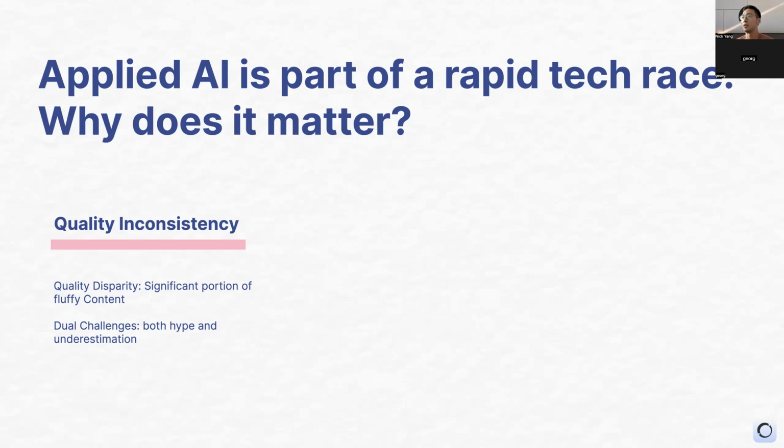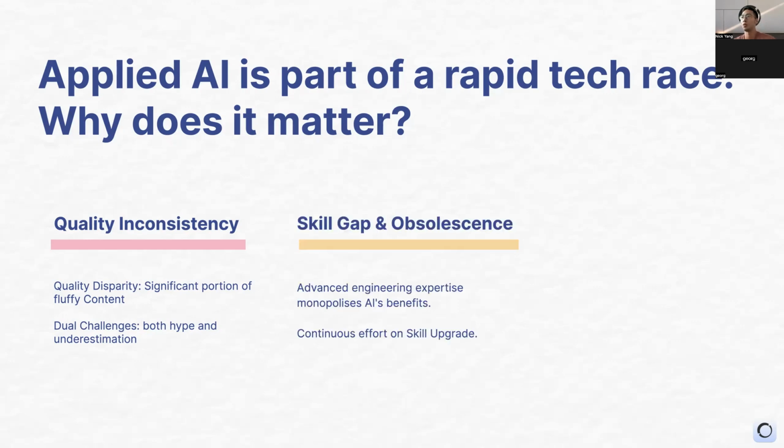The second one is skill gap or obsolescence. Still now, only people with an engineering background can really understand and use AI. That leaves most people out and slows down new ideas. And it keeps changing. Even us, we look into this every day, we're still learning. We still have to run to keep on top of that. So it's really a big gap.